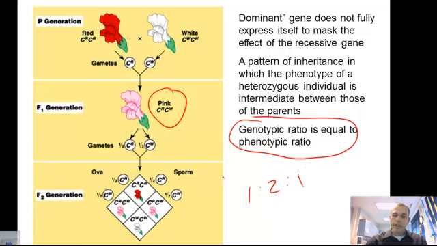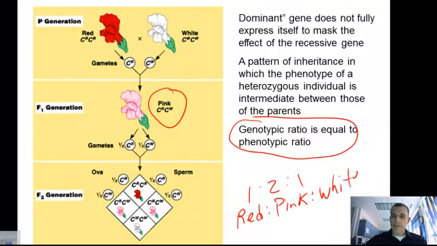Genotypically we have our ratio, and phenotypically we're looking at red versus pink versus white.